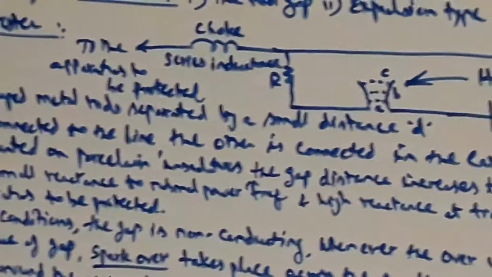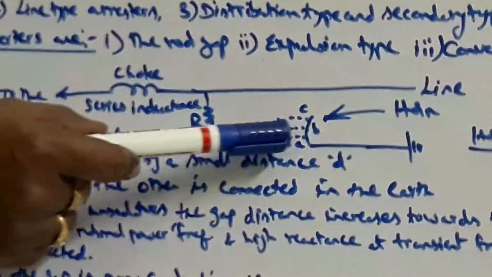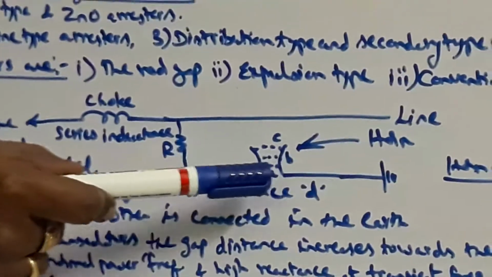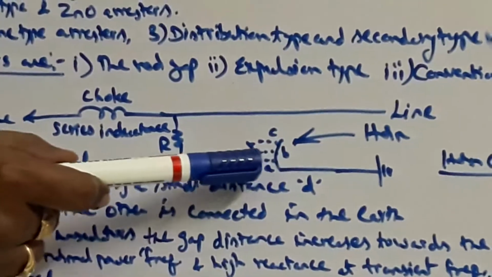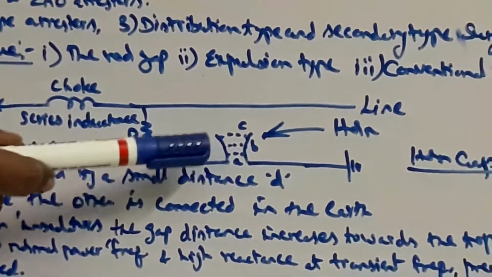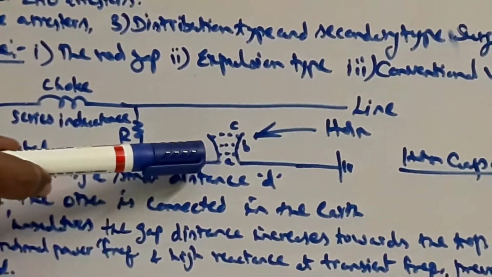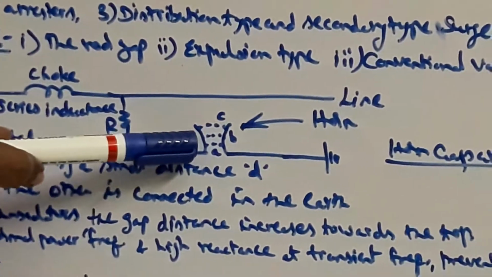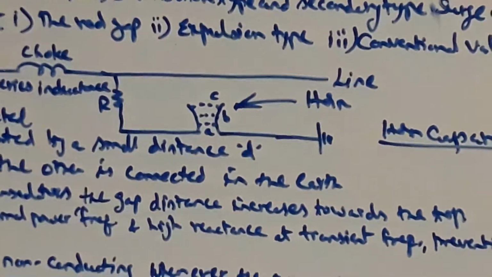The initiation of the arc between the two horns of the horn gap arrestor owing to the surge and the appearance of very large voltages or overvoltages is called spark over.